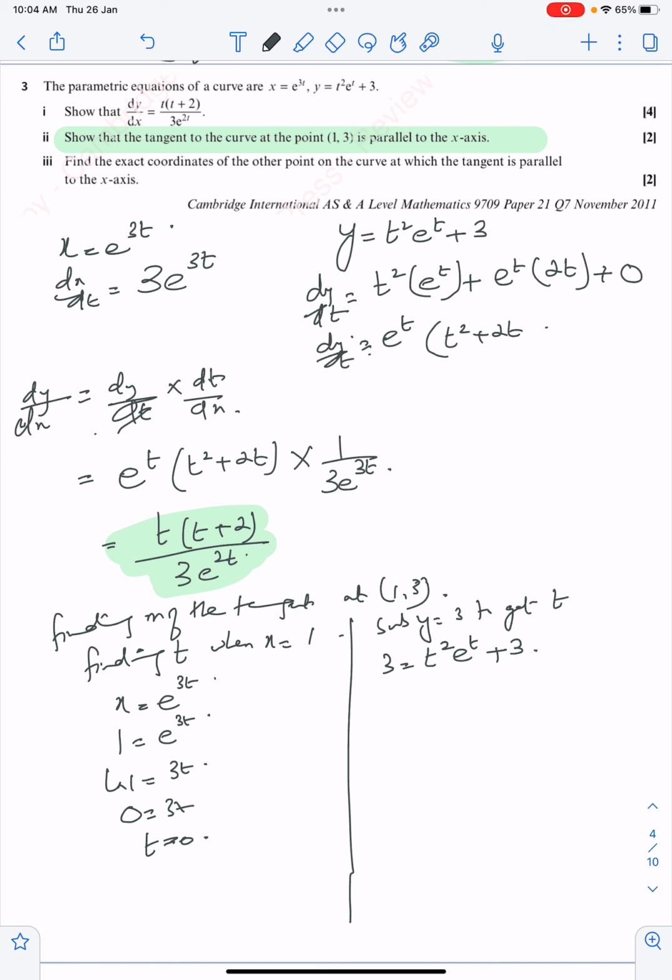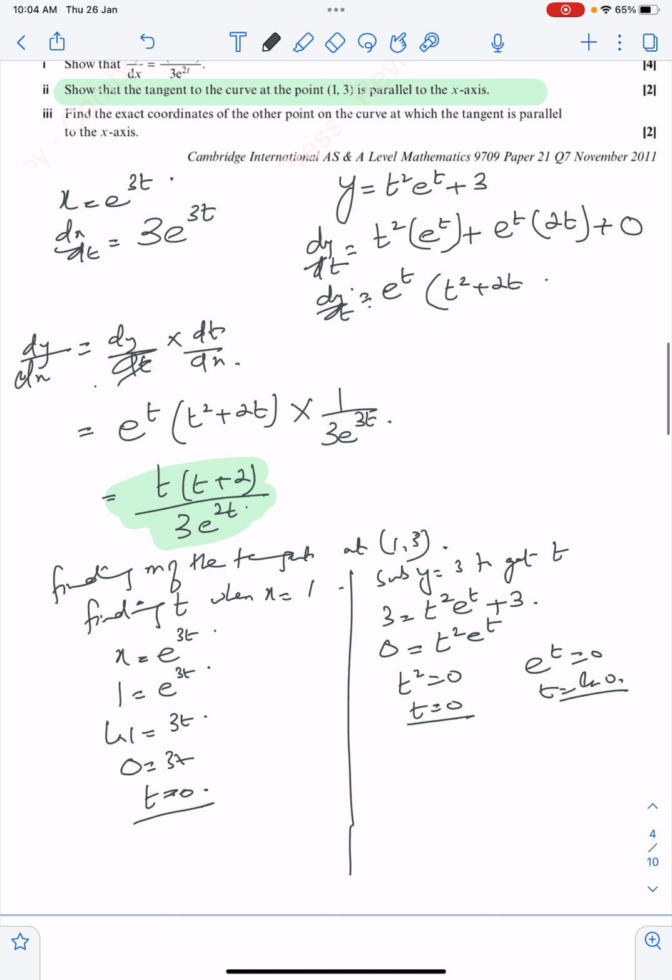Okay, 3 and 3 will cancel out. So you have t square e to the power t. Okay, so you've got two factors here. So t square equals 0. So that is giving you t equals 0, and e to the power t equals 0. So t equals ln 0, which is undefined. Okay, so you're getting the same value of t from both.